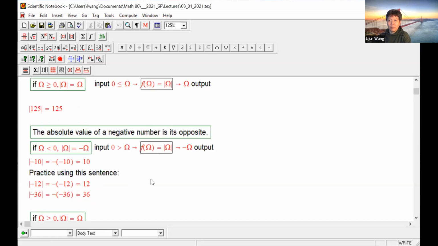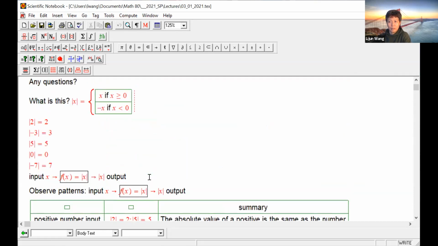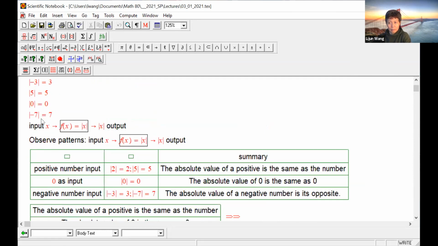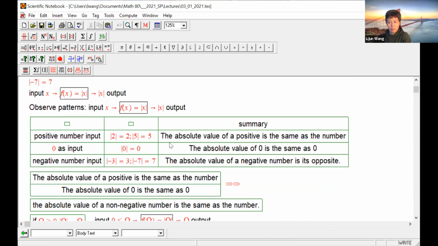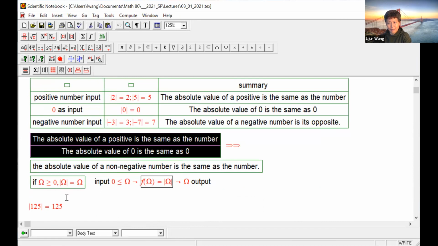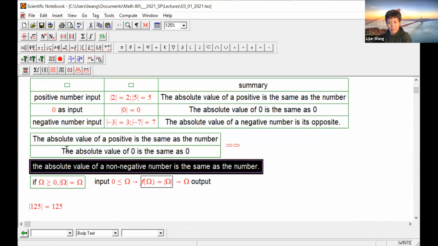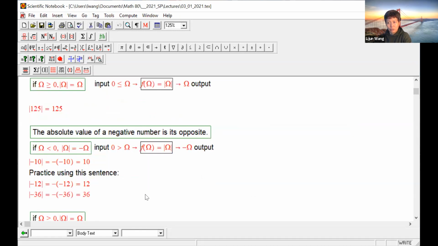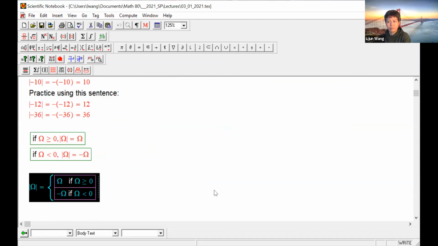You see, we came a long journey to get there, right? We observe the pattern, and we classify, we verbalize, we summarize, and we combine these cases: the negative number is the second case, and we put the first case and second case into one. So we translate, and in the end, we finally get this form.